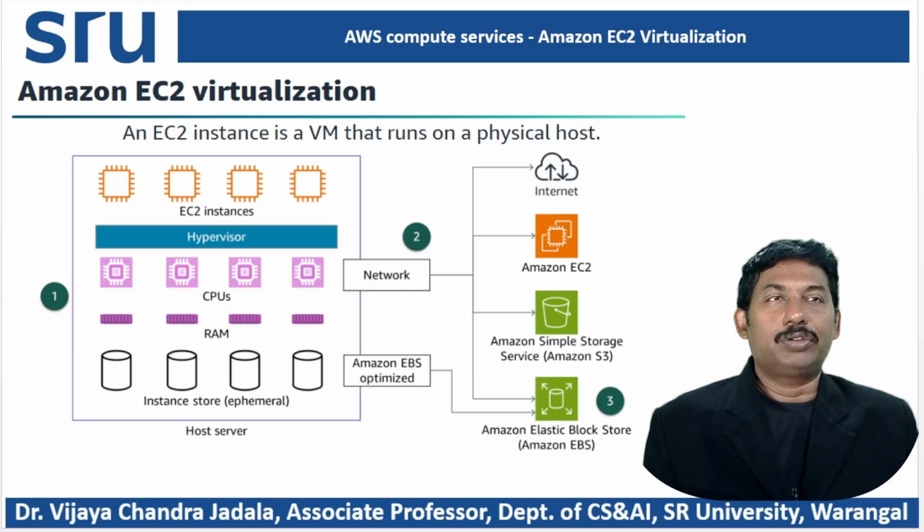This Elastic Block Storage is even directly connected to the different blocks of the host server. So this is all about the architectural diagram of the EC2 virtualization.